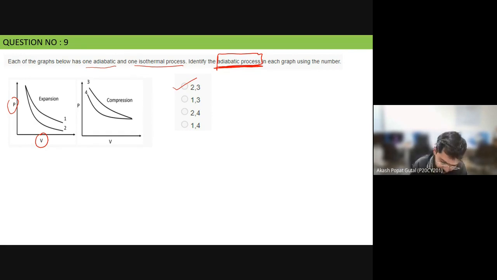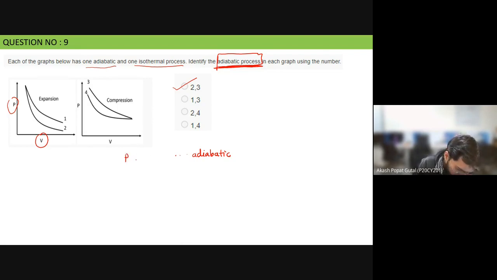So I will quickly explain how we can get the answer. As we know, PV raised to gamma is a constant in case of adiabatic process. In isothermal process we can write it in a different way.